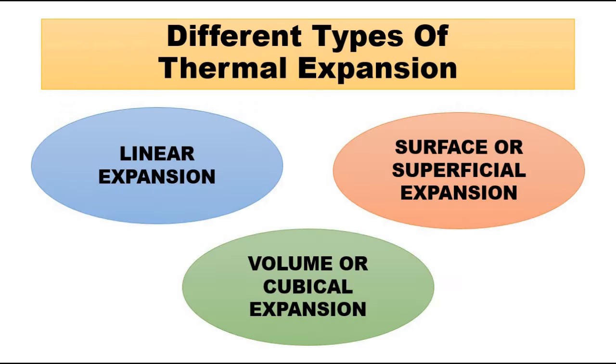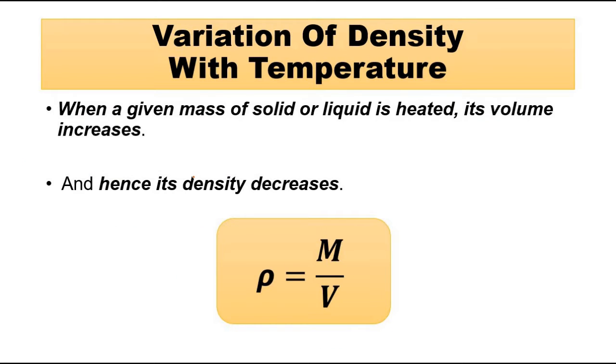It is of three types: linear, surface, and volume expansion. Here, as density is involved, the volume or cubical expansion will come into play. So, variation of density with temperature.